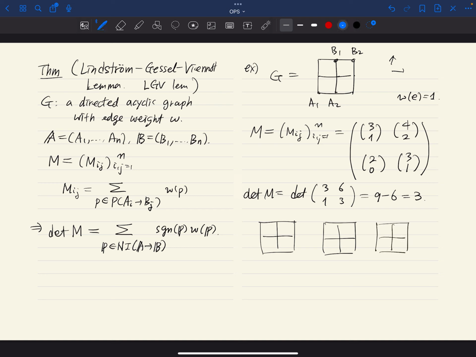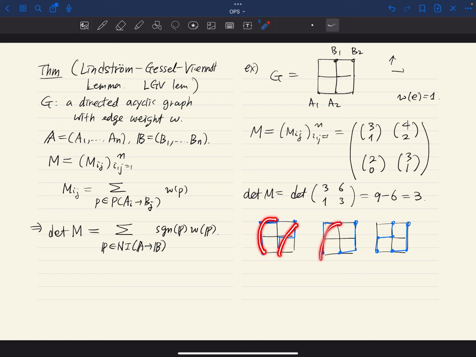Maybe I can use this. You go here, if you can go like that, and then like this. And also this, and this. So there are only 3 non-intersecting paths, and this always goes to the first vertex.